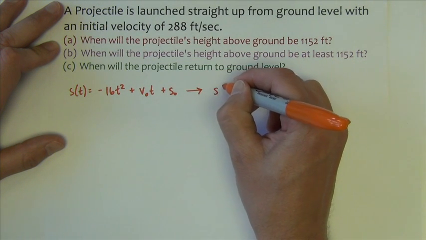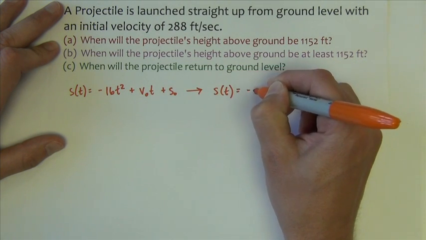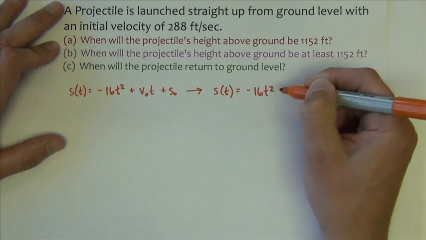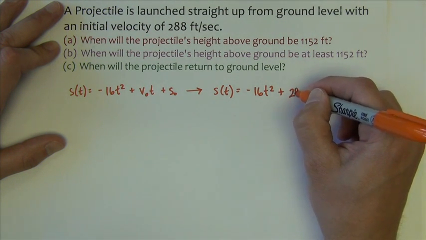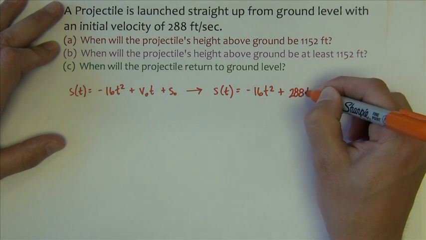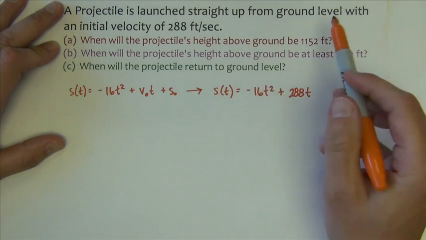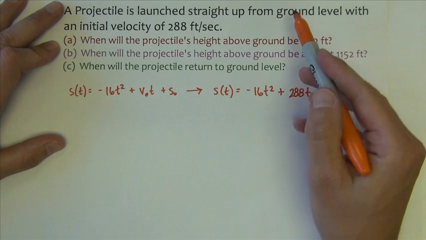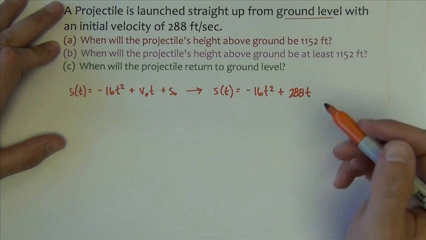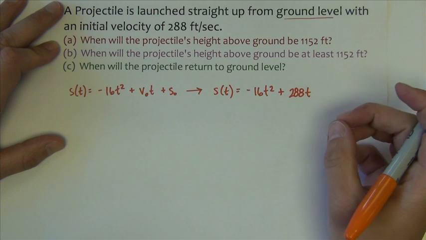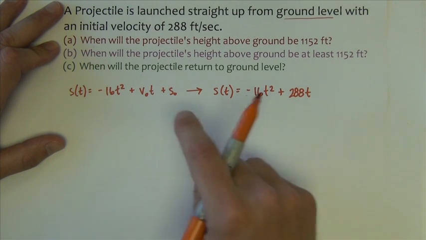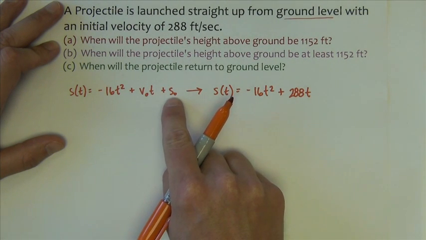This becomes s of t equals negative 16t squared plus the initial velocity 288 t. From ground level, well, what is the height at ground level? The height is 0 feet at ground level, so the s naught in this particular model is 0.